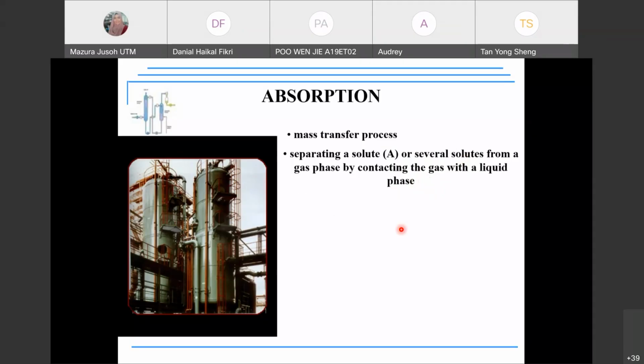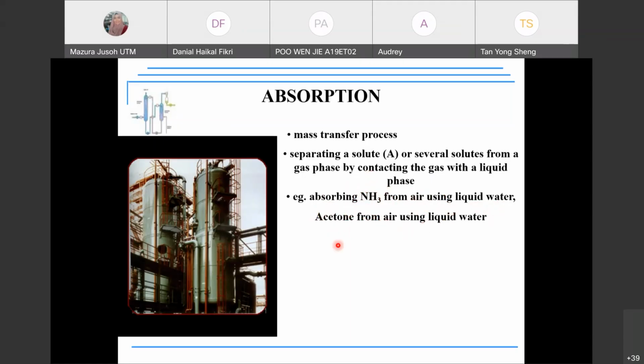All right, so for example, this is just some example in processing plants or in our daily life. You want to absorb ammonia from air. You have a mixture of ammonia and air, A and B, using liquid water because ammonia is soluble in water. Or you want to separate acetone from air, also using liquid water.